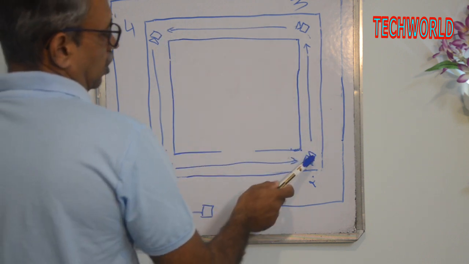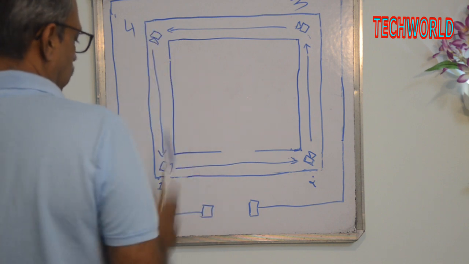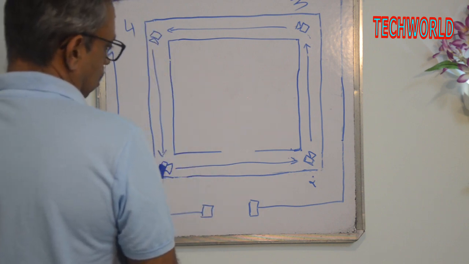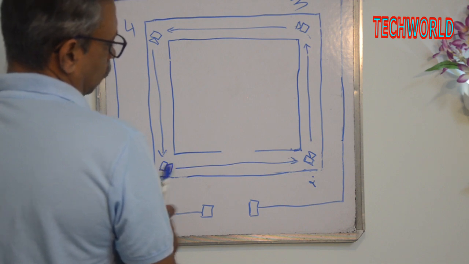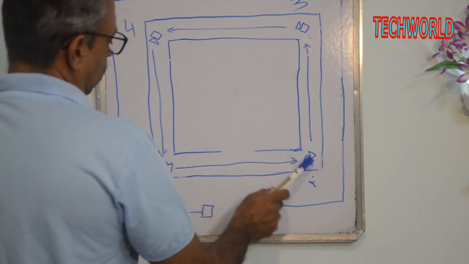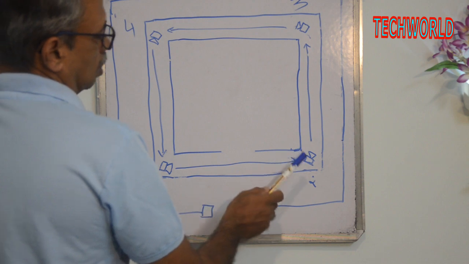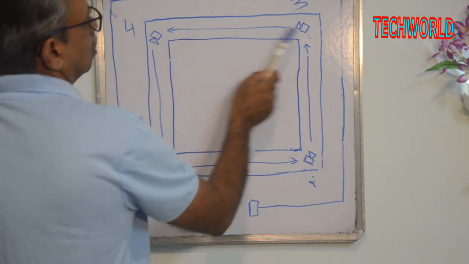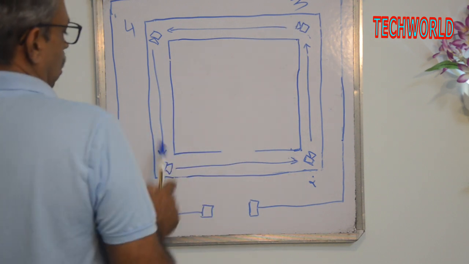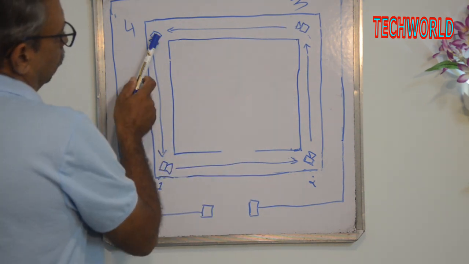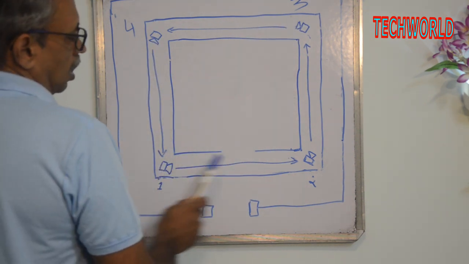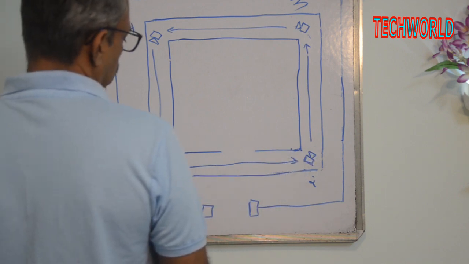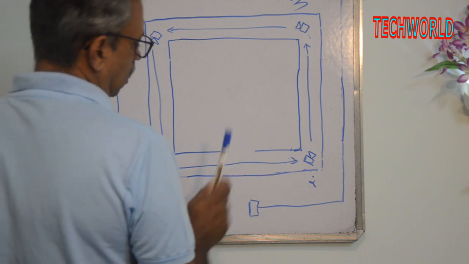These are the 4 cameras positioned in the corner of the building, and they are positioned in such a way that each camera is in the view of another camera. That means each camera looks at the other camera, so each camera comes in the frame of another camera.